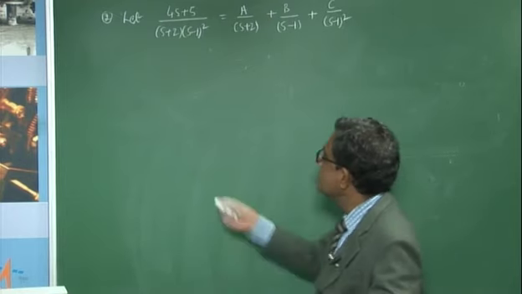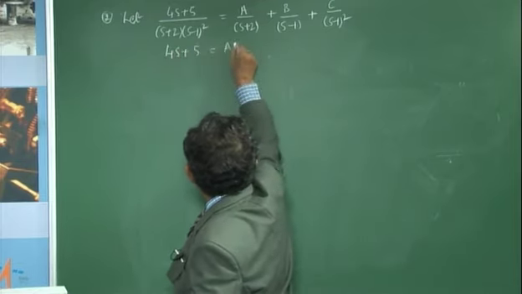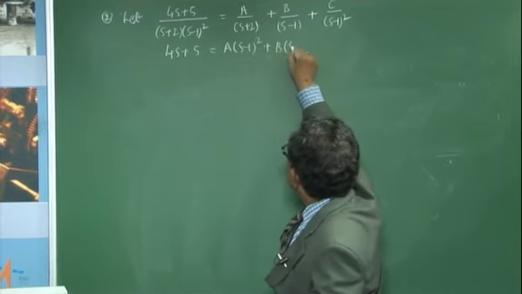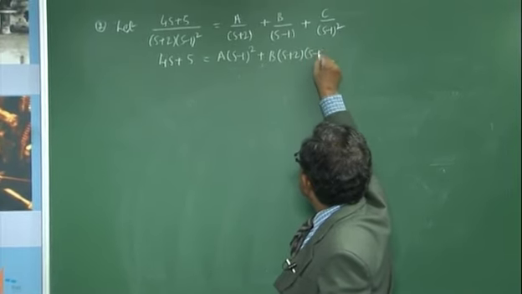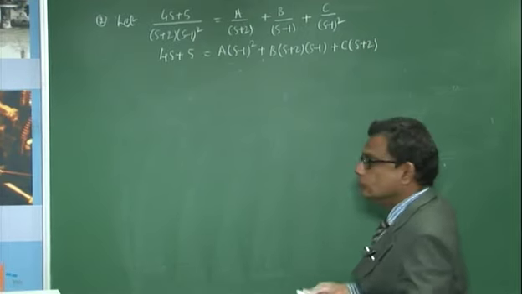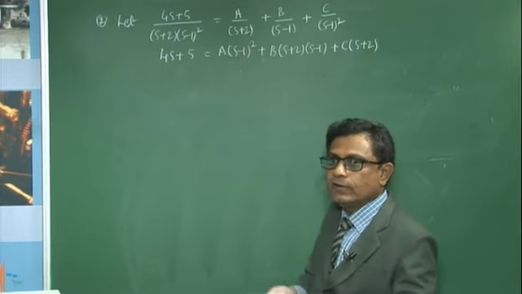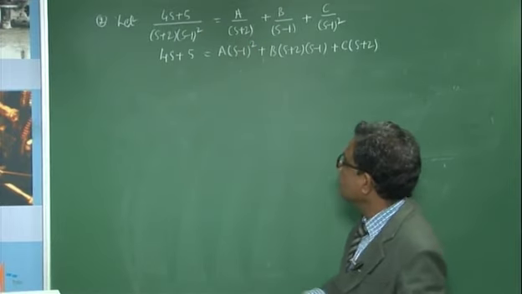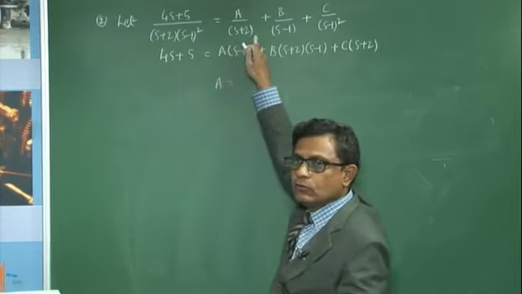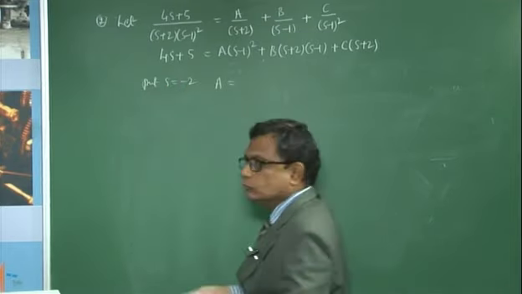Take LCM and simplify. What will you get? 4s + 5 equals A(s − 1)² + B(s + 2)(s − 1) + C(s + 2). Now, once again you have to find the constant values A, B, C. How do you find the A value? Put s + 2 equal to 0, that is, s equals −2.